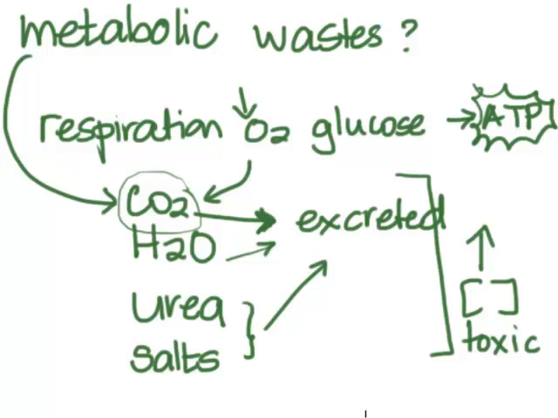So excretion is the process by which the body actually removes these waste substances that have been produced by metabolism. Every living organism produces these wastes, and they must be taken out of the body, and they're not taken out of the body in a very simple one system or one organ process.